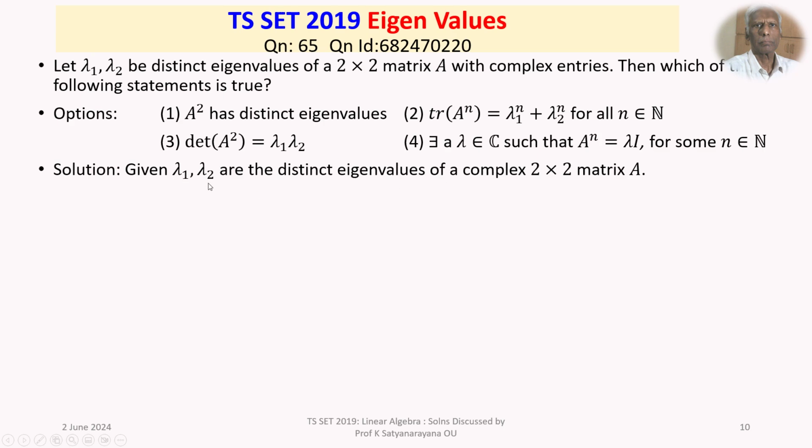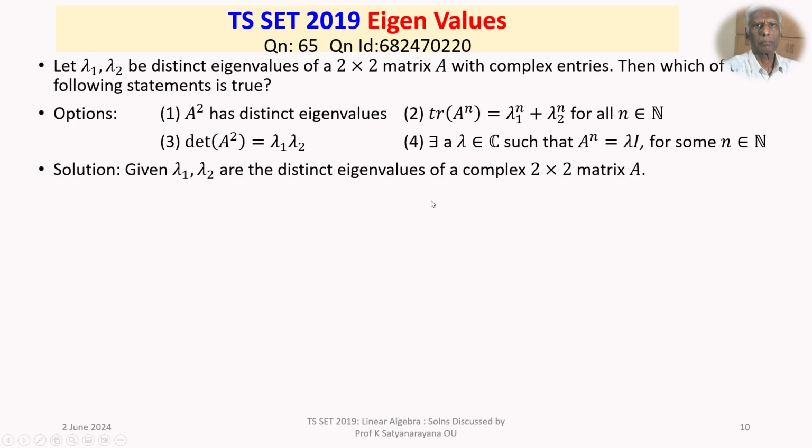Lambda 1, lambda 2 are the eigenvalues of A. Then A power n will have the eigenvalues lambda 1 to the power of n and lambda 2 to the power of n, for any natural number. That is true.